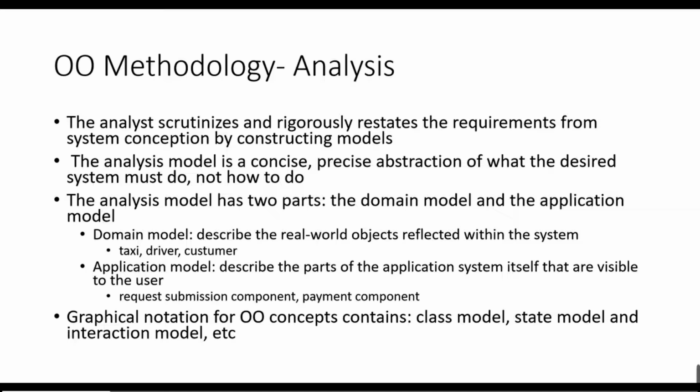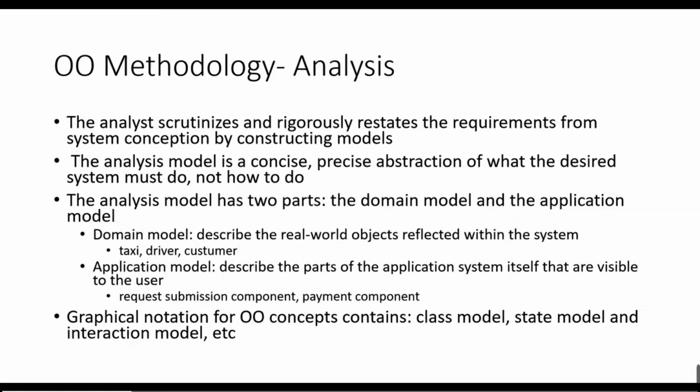For example, in the online taxi calling system, it is the request submission component and the payment component. All of these components or parts of the system are visible to users. We also need to consider the relation between these objects. It means we have different objects.